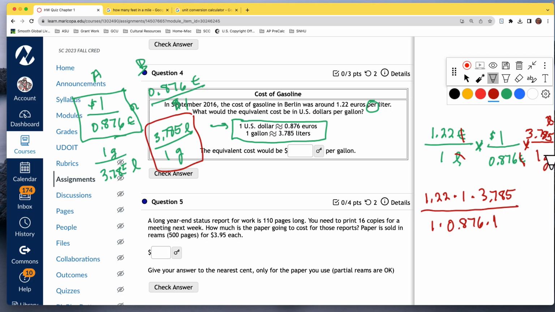And my units that are left behind, gallons are in the denominator, dollars are in the numerator, so I'm going to have the right units. I want to get dollars per gallon, so I'm going to be good. All I got to do is do this math. That number will go here, so that'll be dollars per gallon. So where's my calculator?